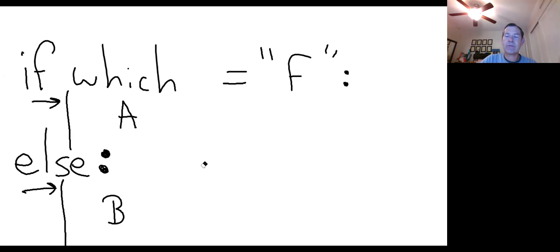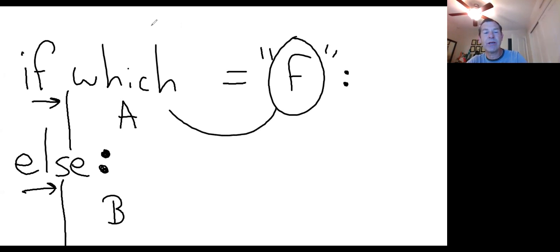If I was to write it this way, I would be doing a value assignment. I would be taking this F and putting it into this variable, so the memory spot, the variable, would hold the value F. So when you do a single equal sign, you're doing a value assignment. You're putting something into the memory spot.